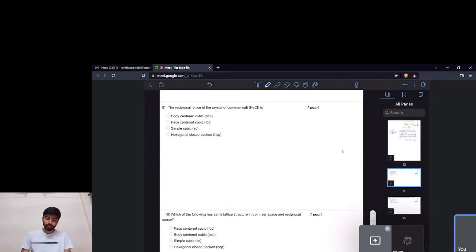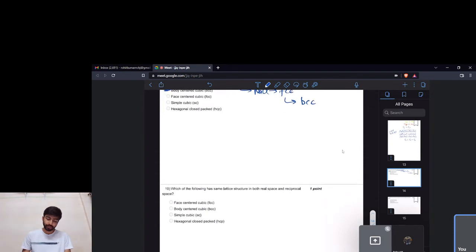Then we have another question: the reciprocal lattice of the crystal of common salt. Now, the information the question has provided is that NaCl is an FCC structure, and we know that the reciprocal lattice of an FCC structure is a BCC structure. So the reciprocal lattice for FCC will be BCC.